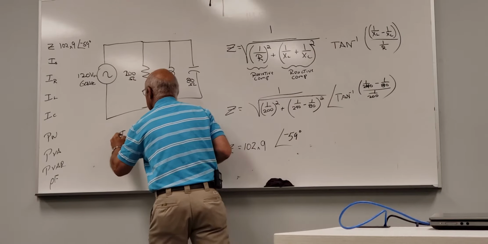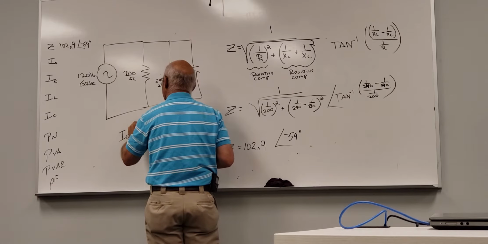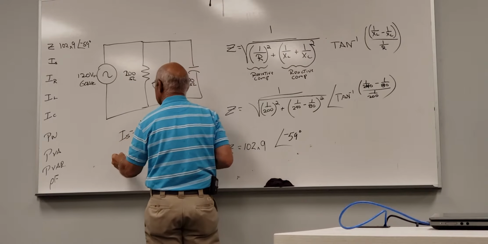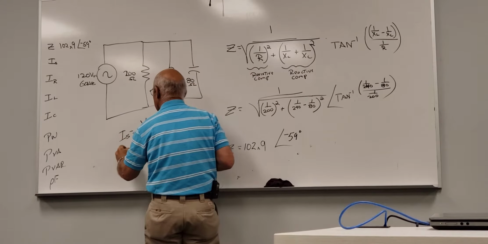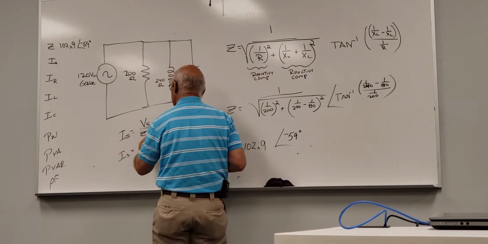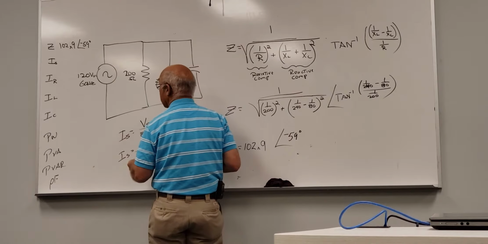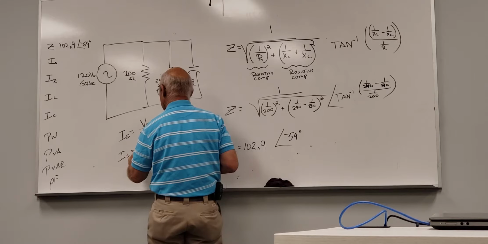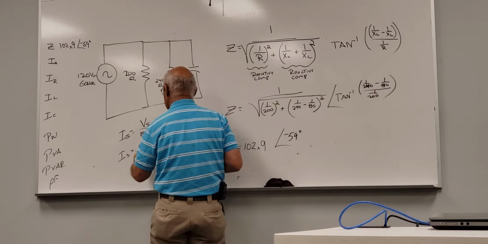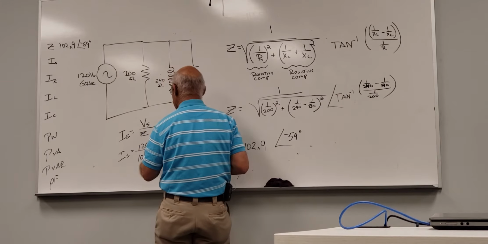Source current equals the source voltage divided by the impedance. In this case, it'd be 120, angle 0, divided by the impedance of 102.9, angle minus 59.